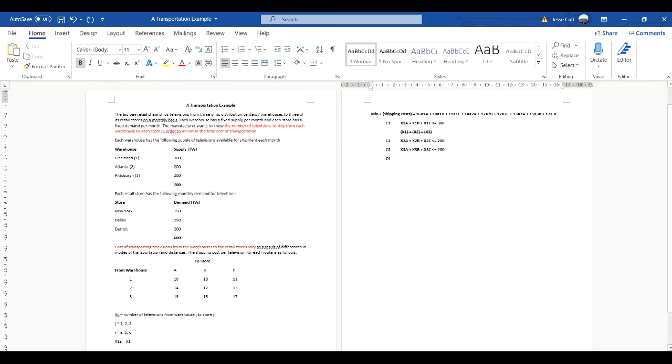If store A is demanding 150, we see that here. So how can we get to store A? We have X, 1A right here, plus the second group going to A is X, 2A. And the third group going is X, 3A.